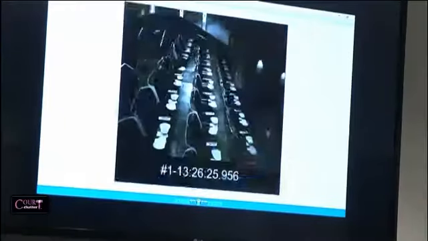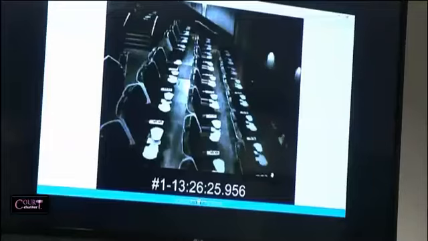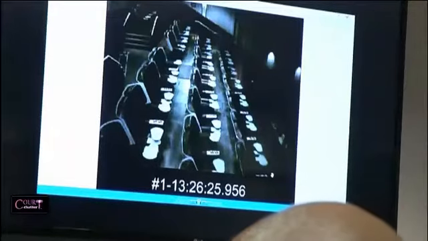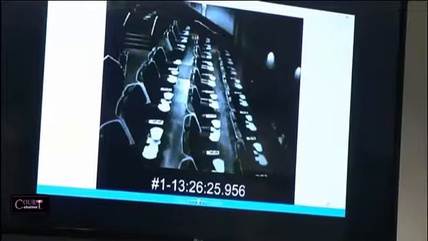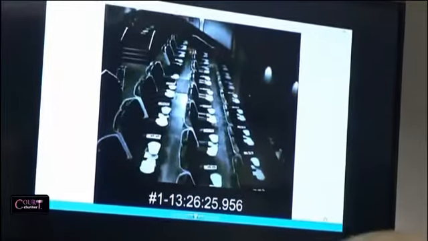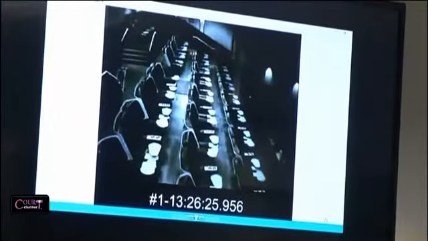Next frame. 13/26/25/9/56. The item that appeared to be in row A has vanished. The white item that we were focusing on before has also vanished. That's correct.